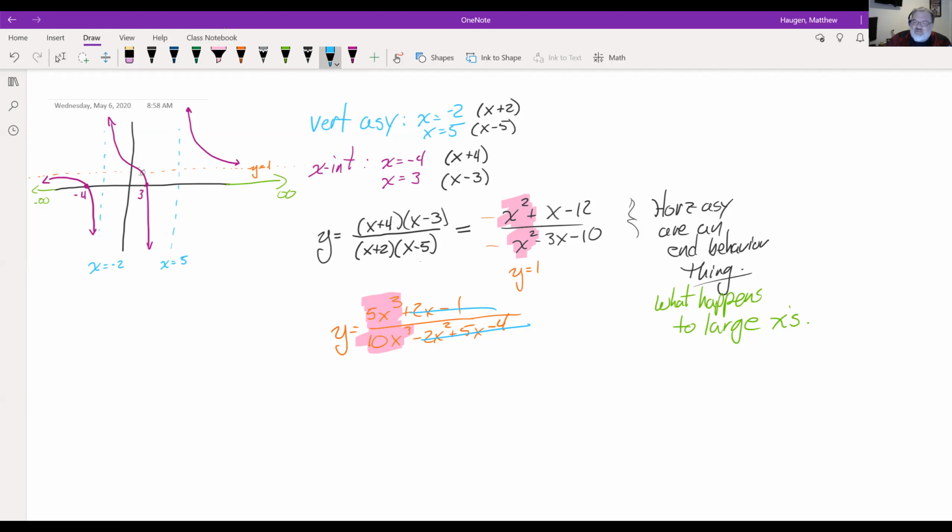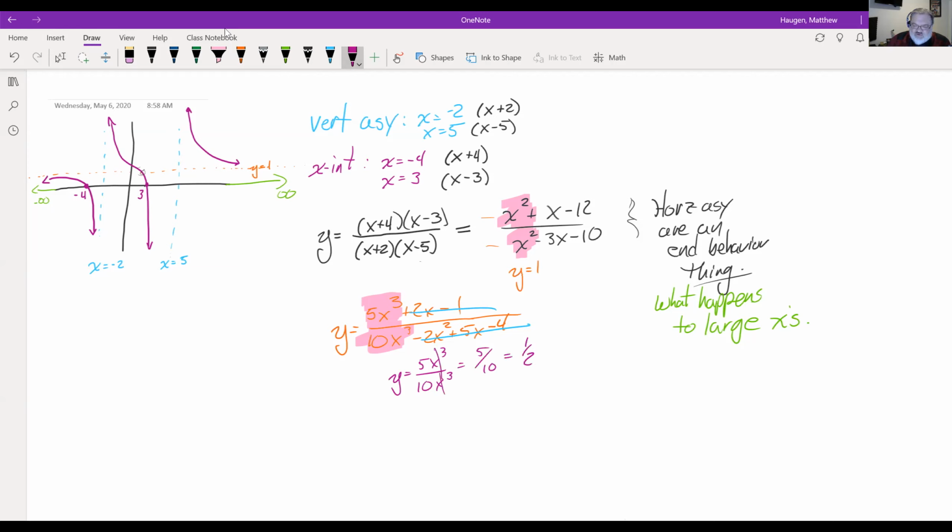So what would our end behavior look like? Well, our end behavior would look like essentially 5x to the third over 10x to the third. We could imagine those, no matter how big the x value is, are going to cancel, and we're going to end up with 5/10 or 1/2.